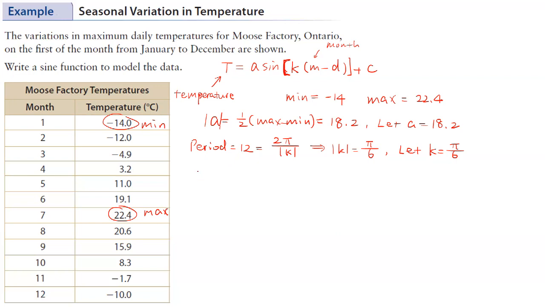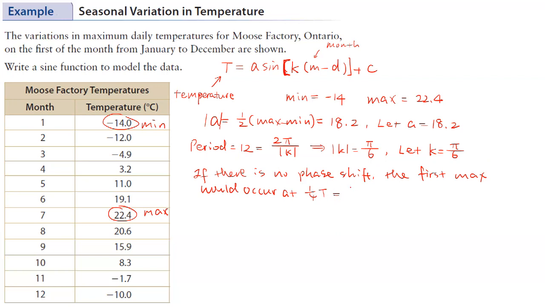If there is no phase shift, you know that the first maximum value would occur at a quarter of the period, which is 3.